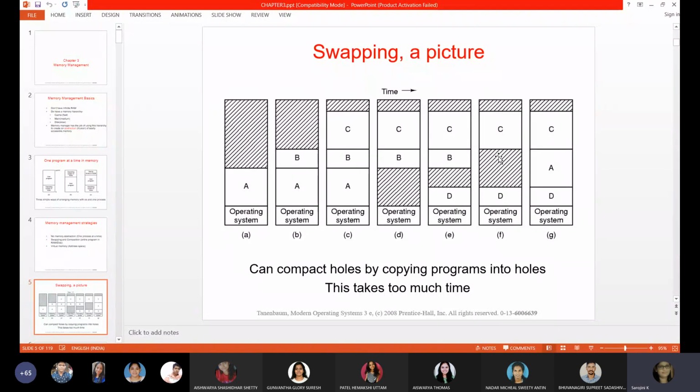Now, next process A wants to use the CPU, so process A should come. For that, which process should go? Process B should be swapped. So process B is swapped out to disk, and process A is swapped into main memory. From where did process A come? It came from the disk.